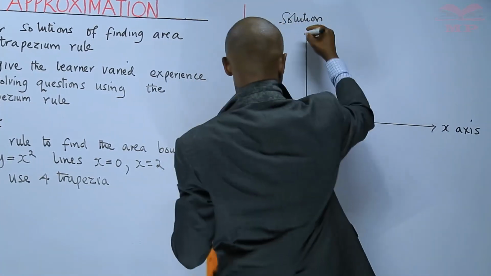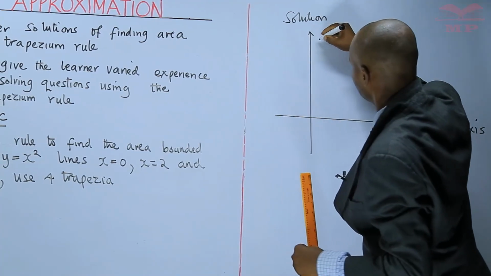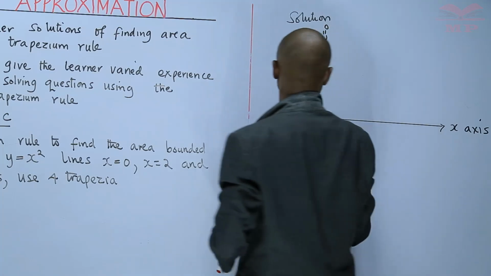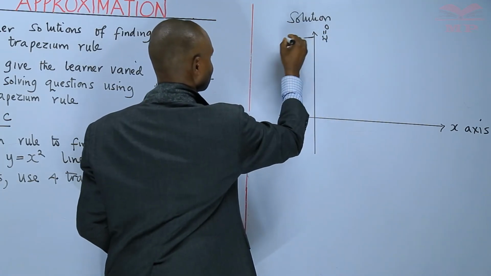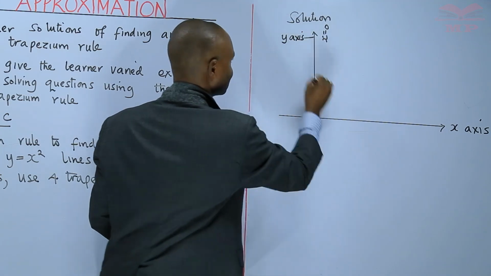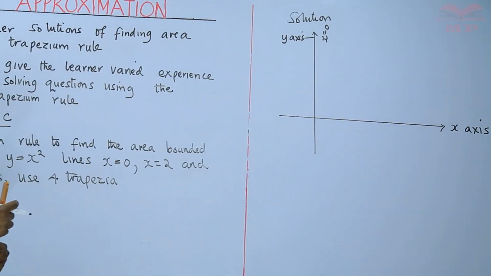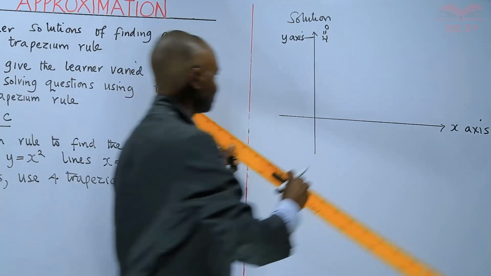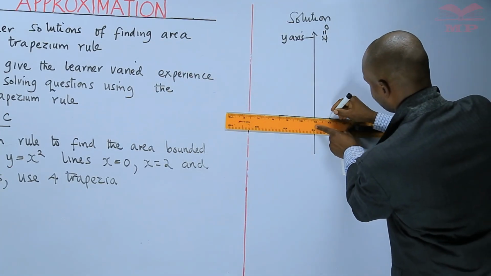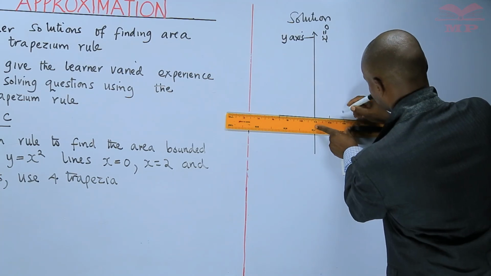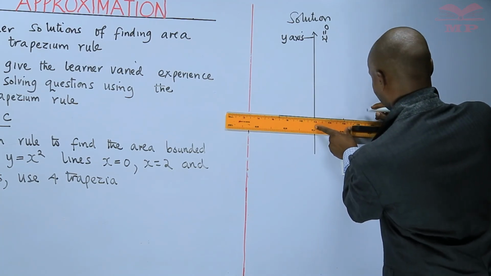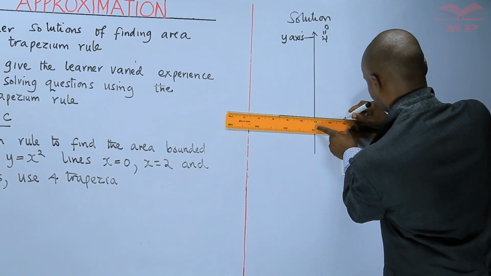So without much ado, this is the line x equals 0, or you can still talk of it as the y-axis. That is one of the lines. There is another line. Let not your sketch be very small. You can use a bigger one so that it's not so small.